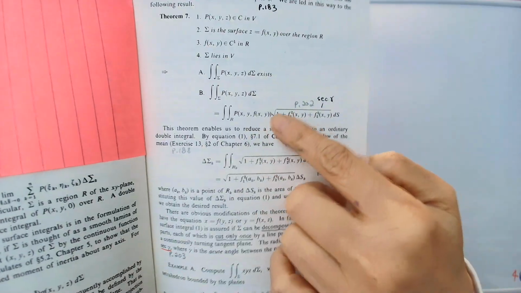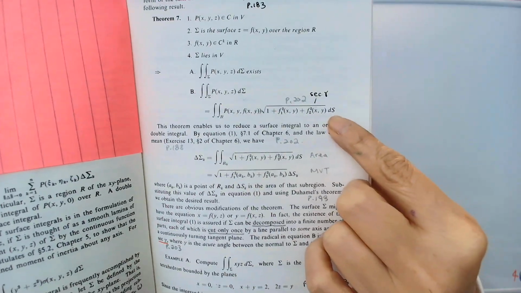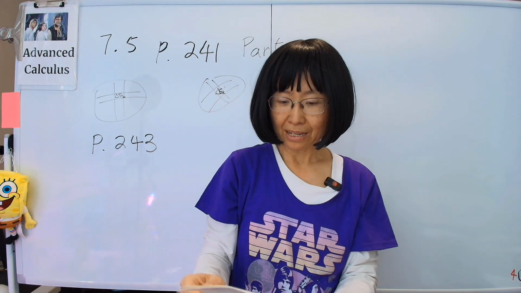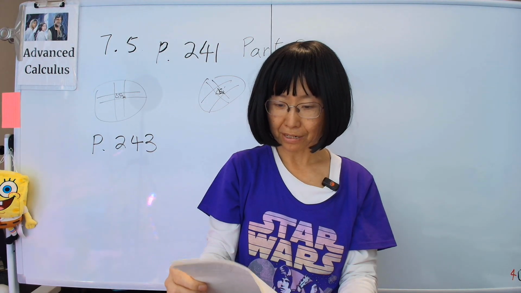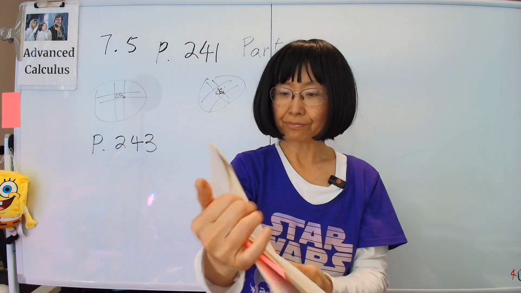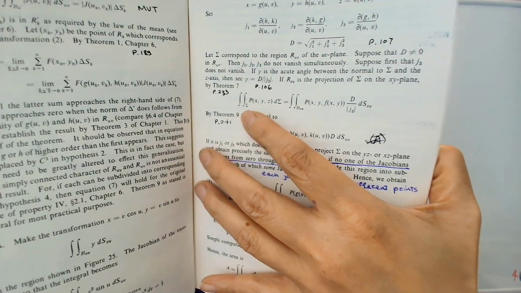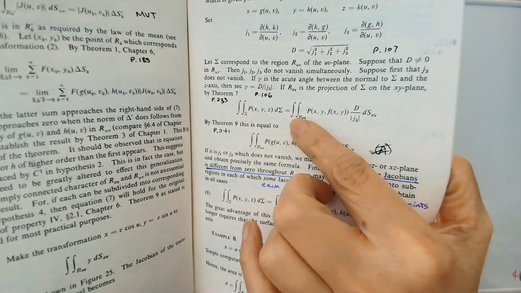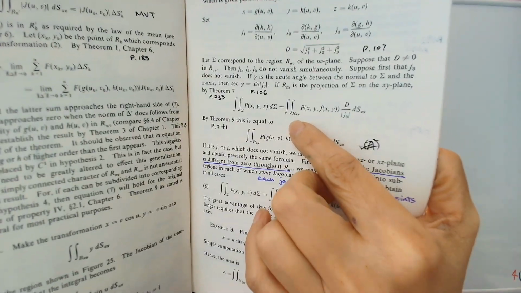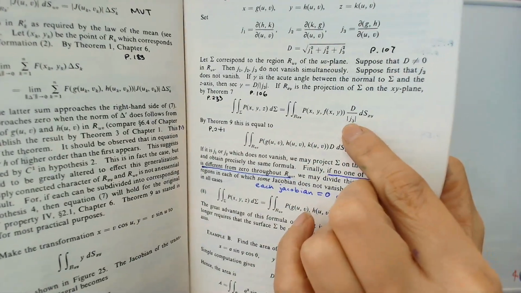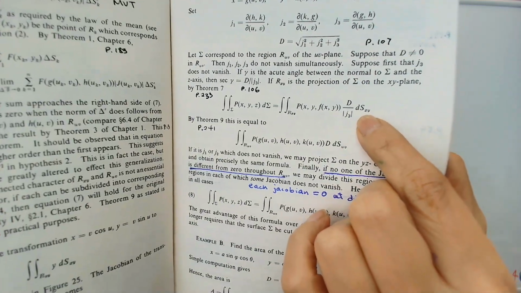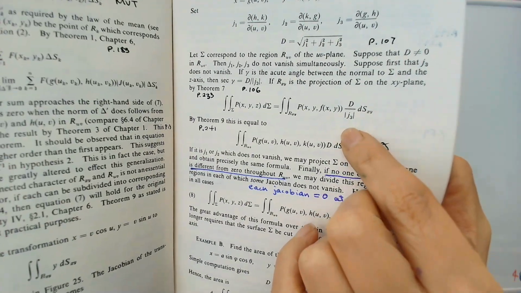So the integral over the surface is the integral over the projection on the ground of the function times secant gamma dSxy. So far so good.